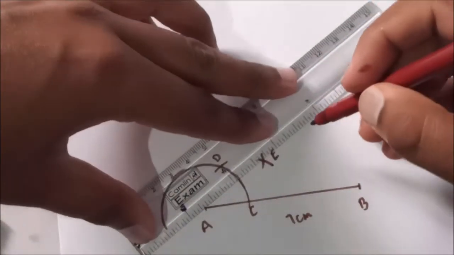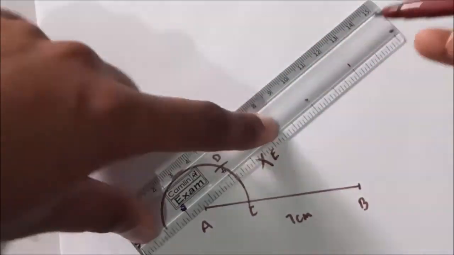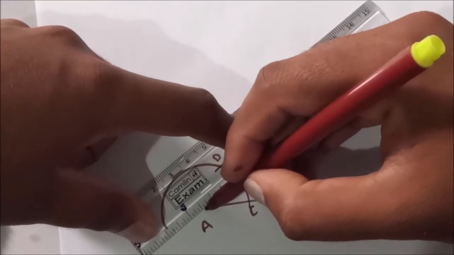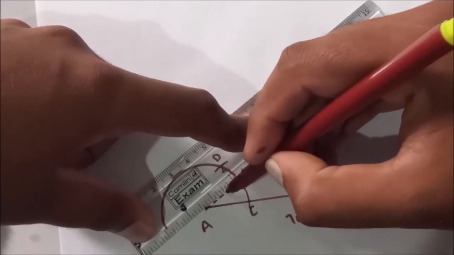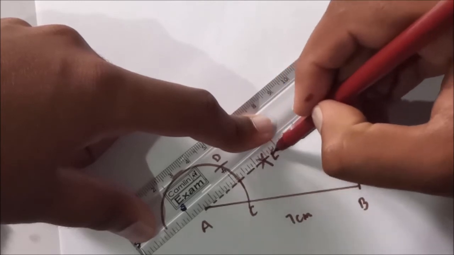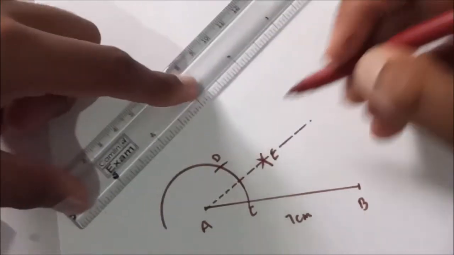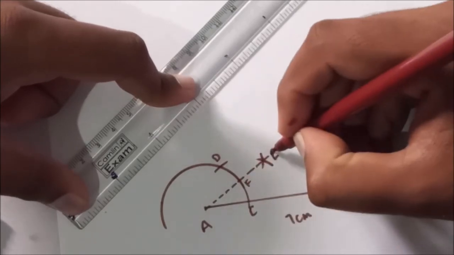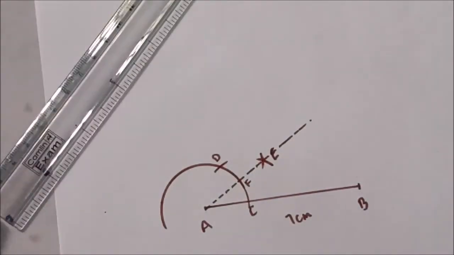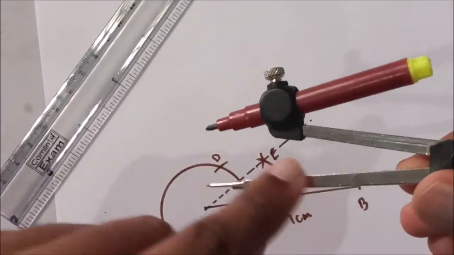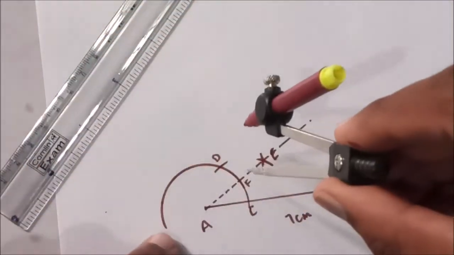Next, I'll join with dotted lines because I'm going to construct 45 degrees. And this, which I'm drawing, is a 30 degrees line. This point I'll make F. Now from F, we should not change the measurement.